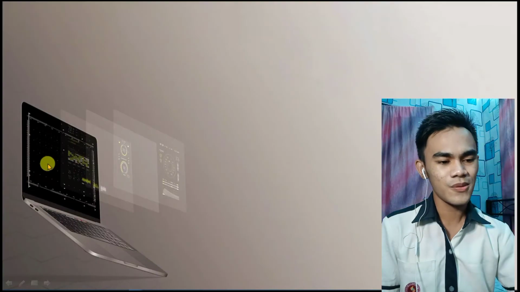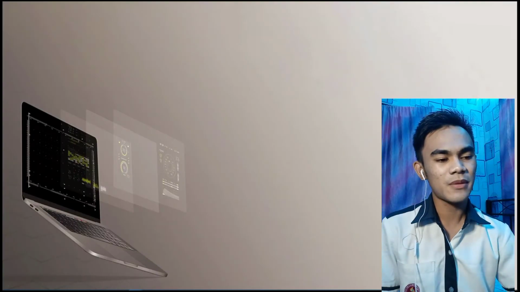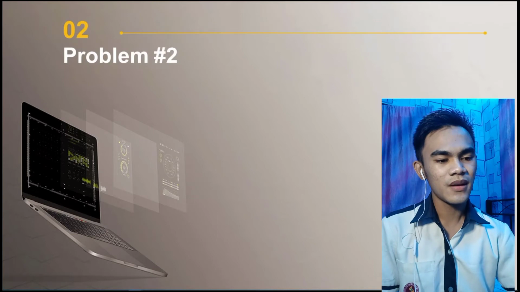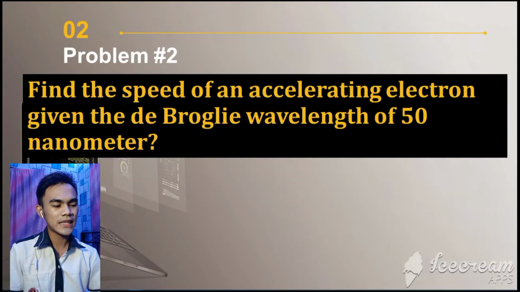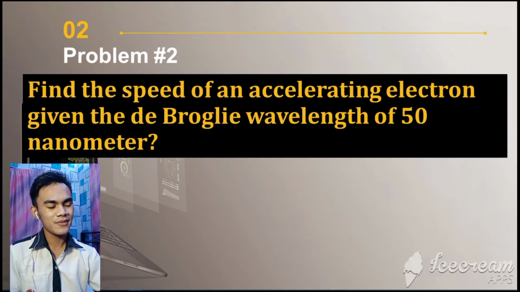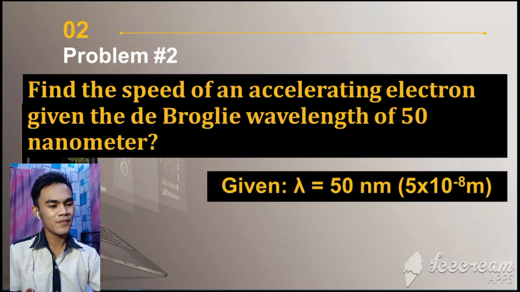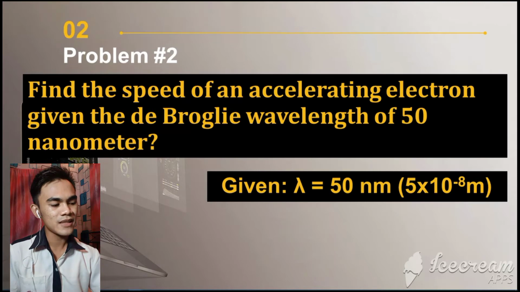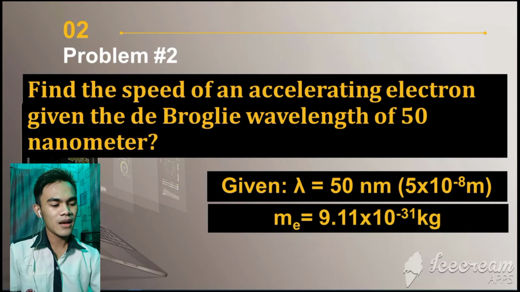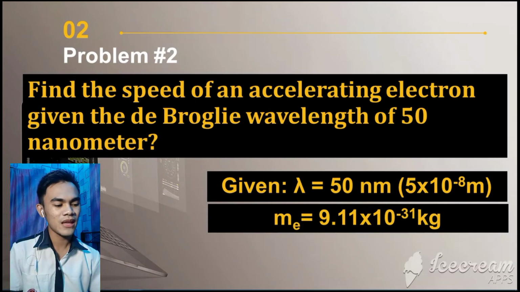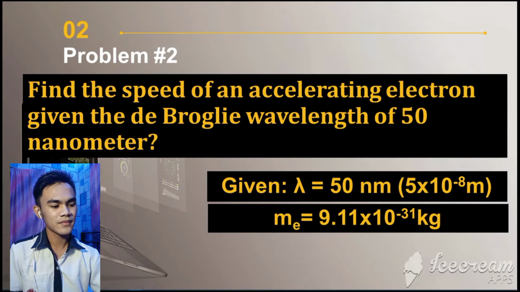So let's move on to another problem, problem number 2. Find the speed of an accelerating electron given the de Broglie wavelength of 50 nanometers. Given the wavelength of 50 nanometers, that is 5.5 times 10 raised to the power of negative 8 meters, and the mass of the electron, 9.11 times 10 raised to the power of negative 31 kilograms.